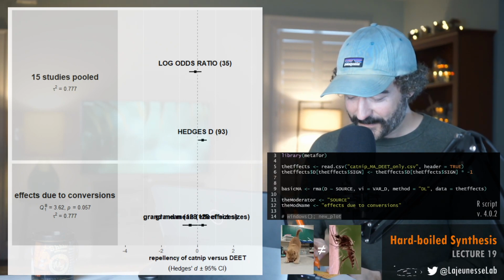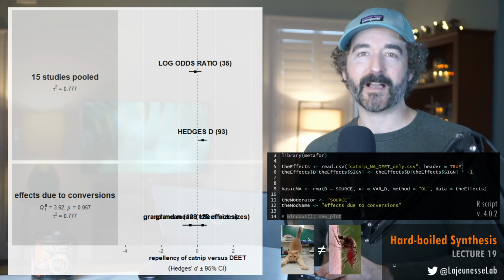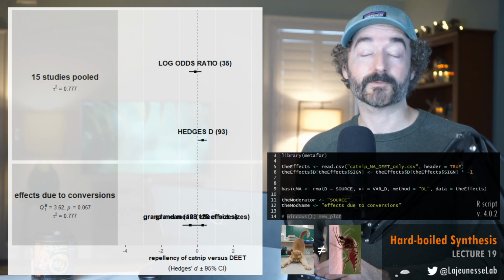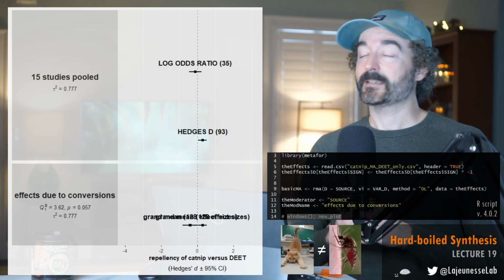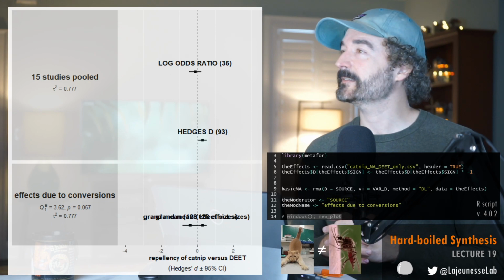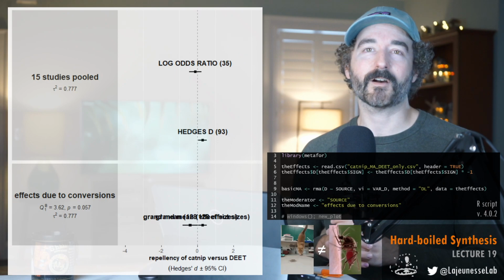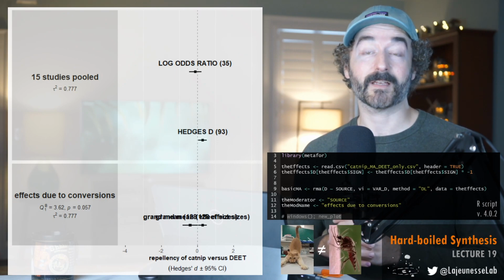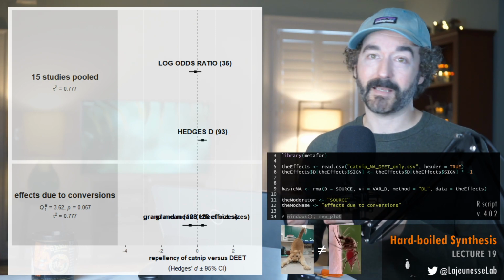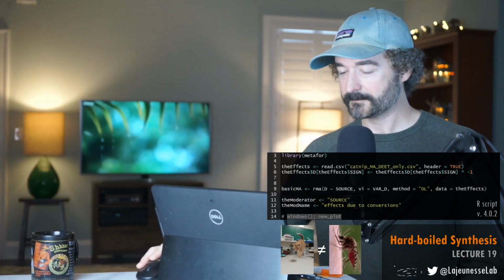Okay, so source for now is not providing evidence that there's a difference between those groups, which means that at face value, me pooling Hedges d effects and log odds ratio derived effects is okay. But man, it's not a strong test at all.